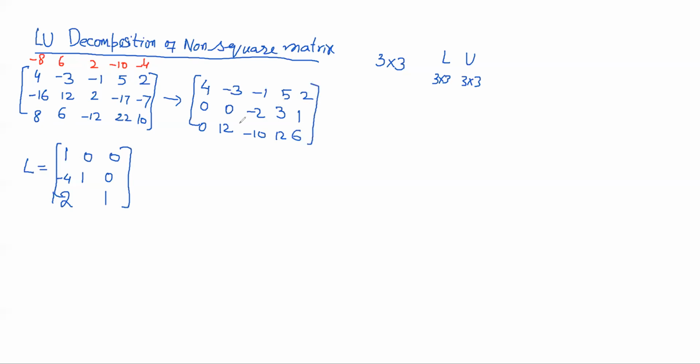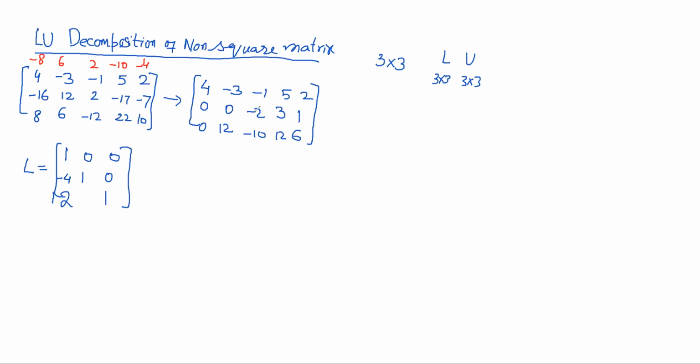Okay, so in this case, now our focus will be on the second row. But in the second column, in the second row, there is no pivot position, because 0 is not a pivot position.